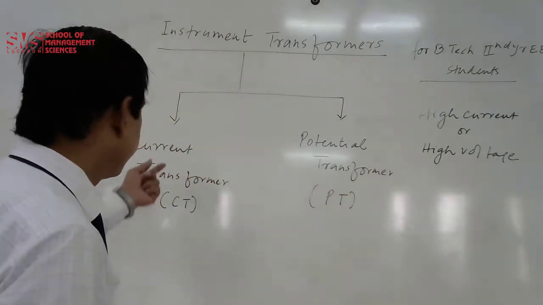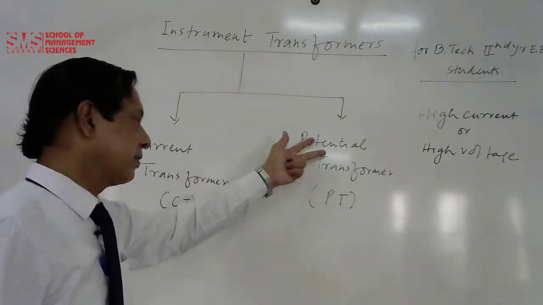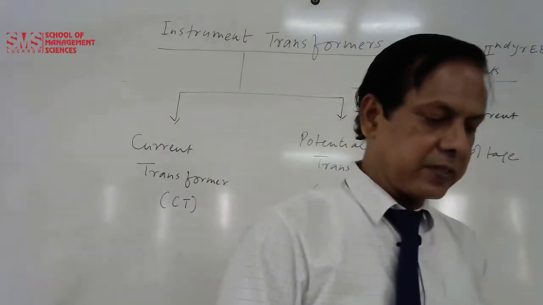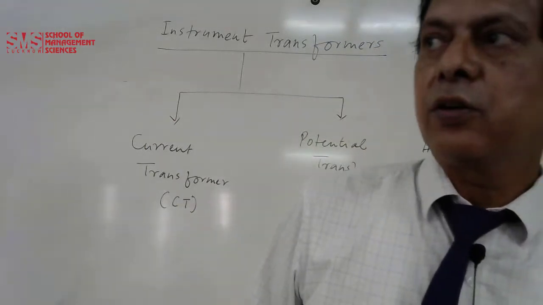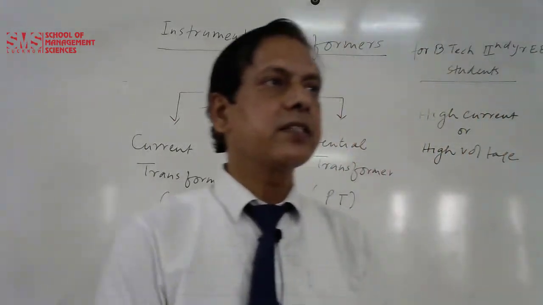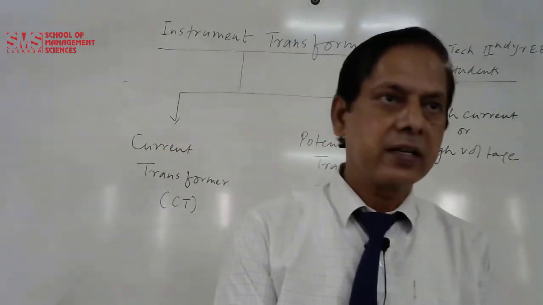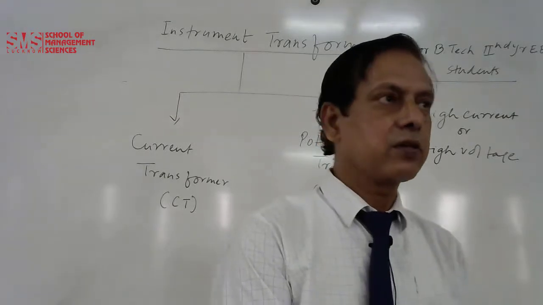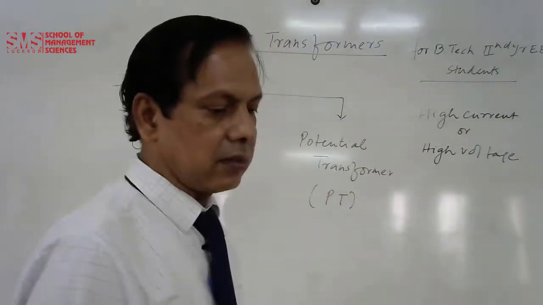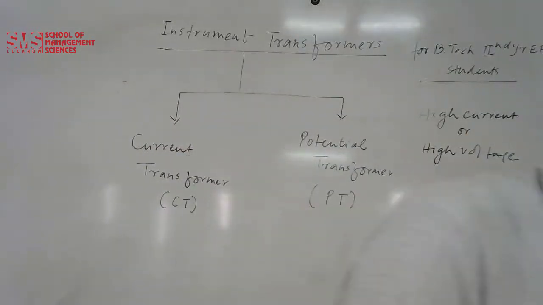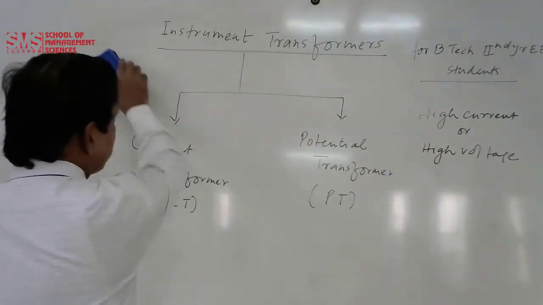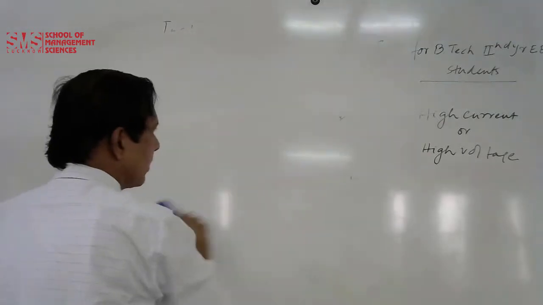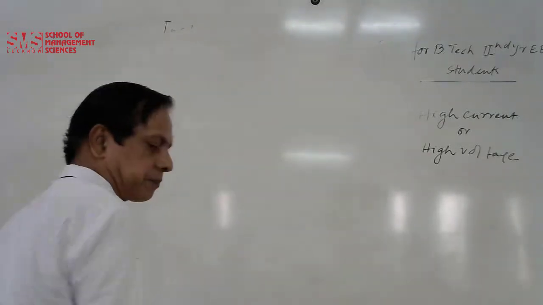Now, these two transformers, as I told you, are used to determine the voltage, the current, the power factor, the frequency, the power, active power, and reactive power also in a power system. So now it's time to see how the current transformer is connected in a power circuit.